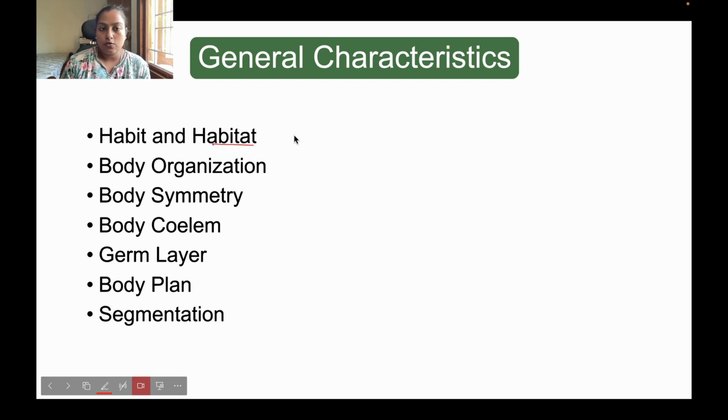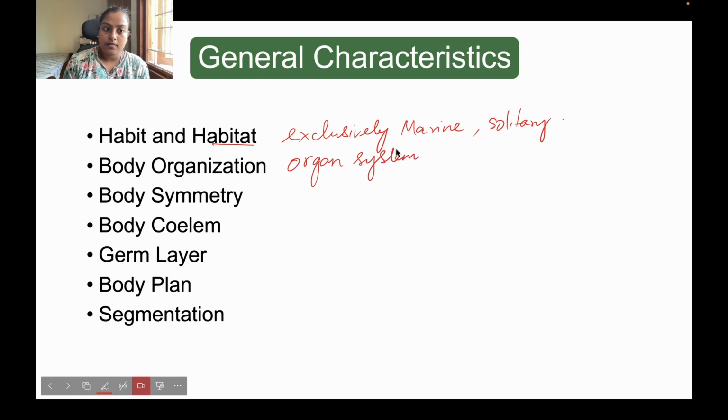So habitat, of course, they are exclusively marine. Just like Echinodermata, they are also exclusively marine. Aquatic, under that marine. And habit, of course, solitary. Body organization, organ system level of organization. Body symmetry is bilateral symmetry.